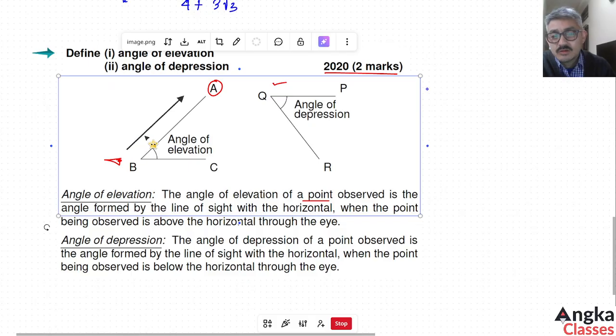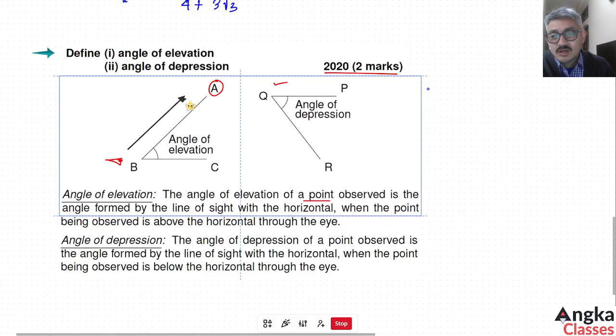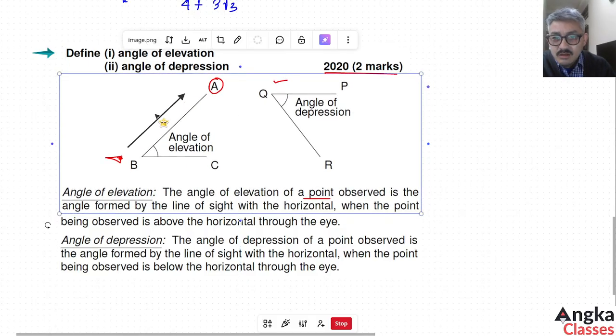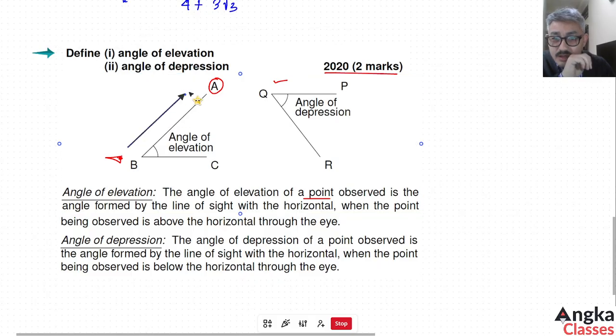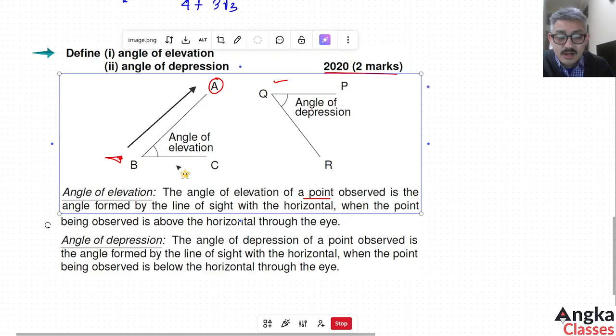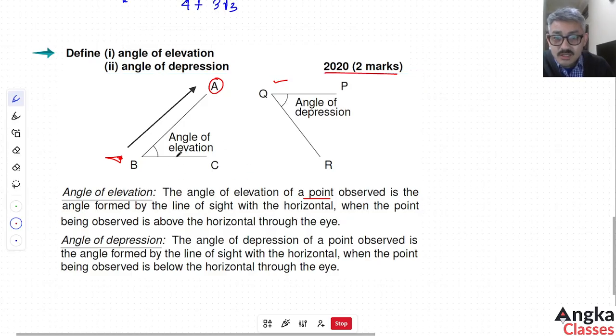The line of sight is the line from the eye to the point observed. The line of sight with the horizontal, and the horizontal here is BC. The angle formed with BC is the angle of elevation.